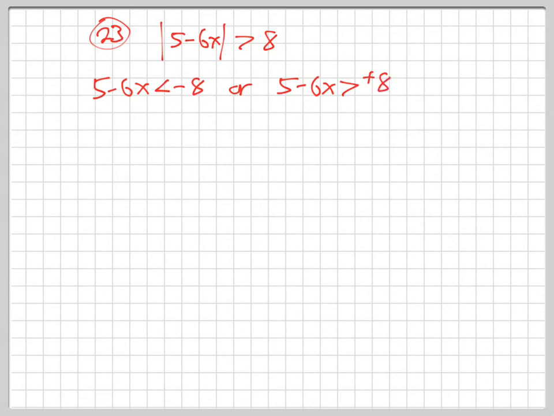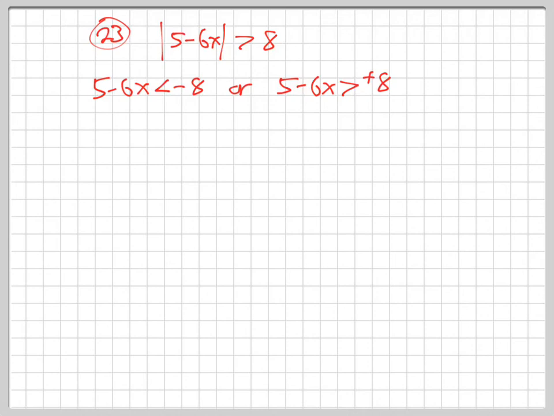And to see the direction, it's less than the negative one or greater than the positive one, isn't it? It's super small, less than the negative, or super big, greater than the positive. It's the two edges. And then solve for X for both of those two separate inequalities.